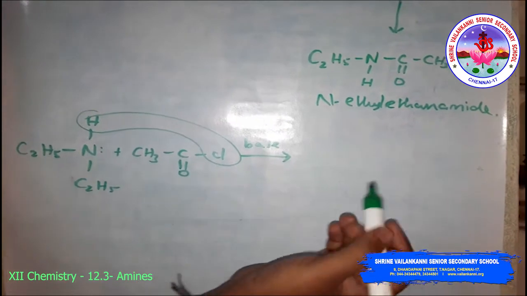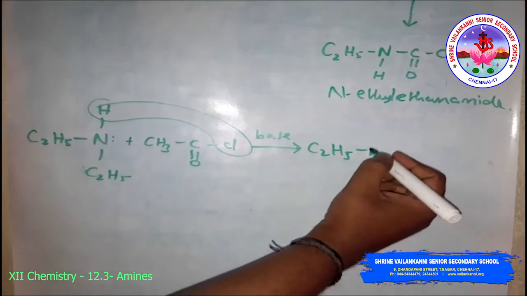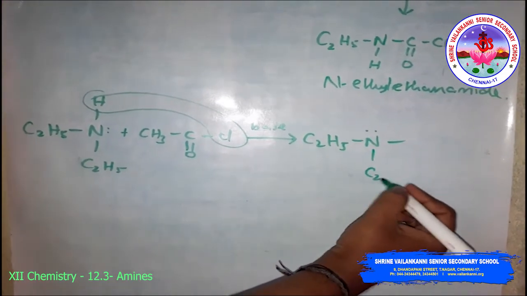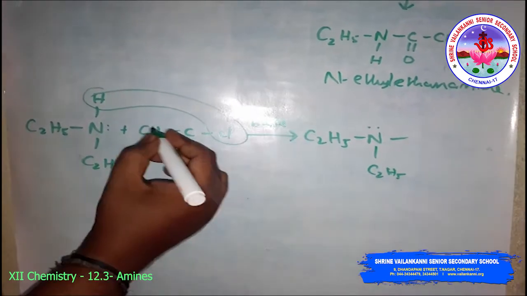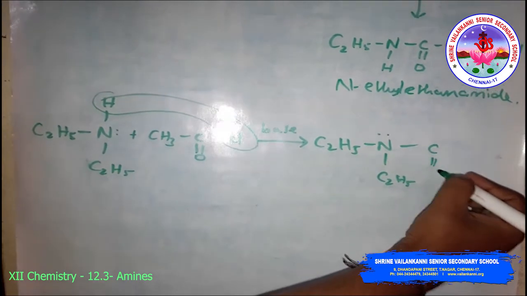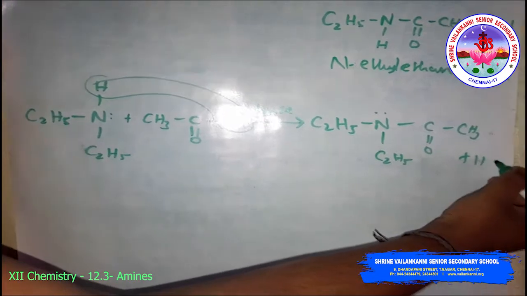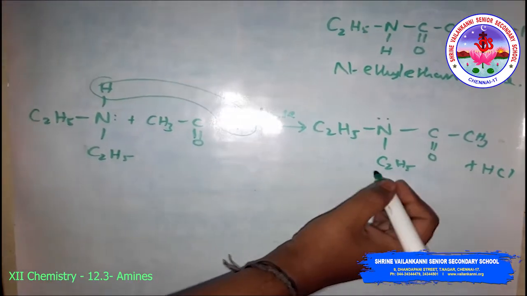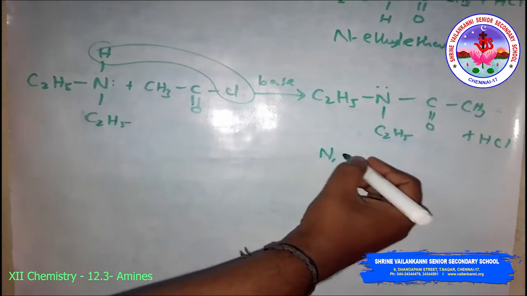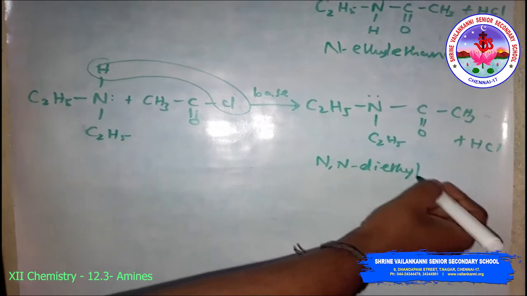The same thing happens here: C2H5, N lone pair of electrons, then N C2H5, this group joins C double bond O CH3, plus HCl. So this is called N,N-diethyl ethanamide.